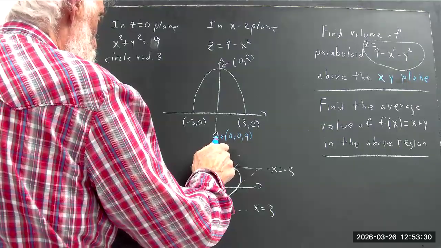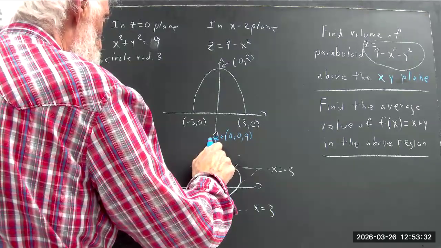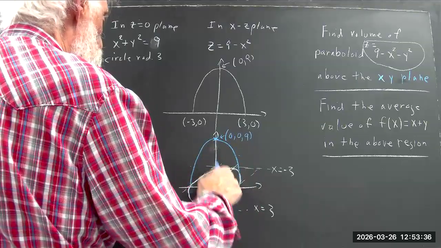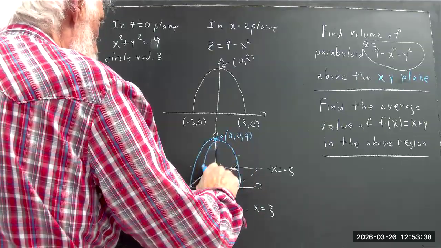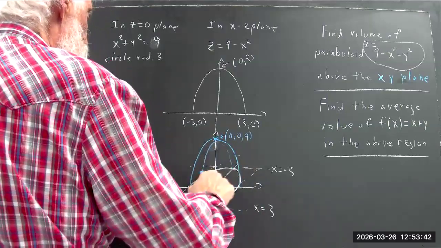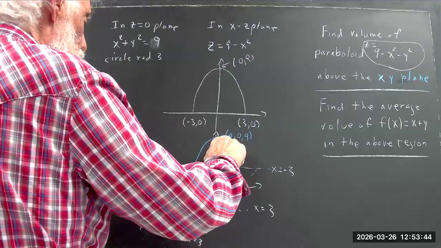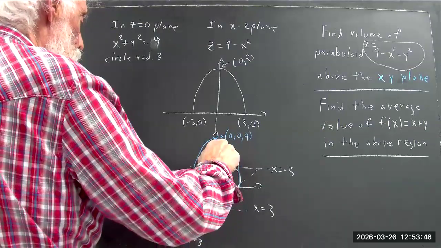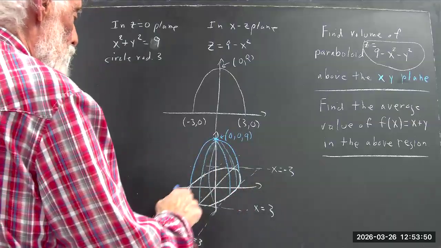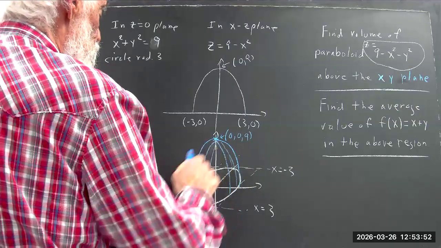Okay? So we would have a parabola coming down here. And we'd have a parabola coming down here and another one coming down over here. And we'd have parabolas coming down actually to every point. So we'd have something that looks like this.